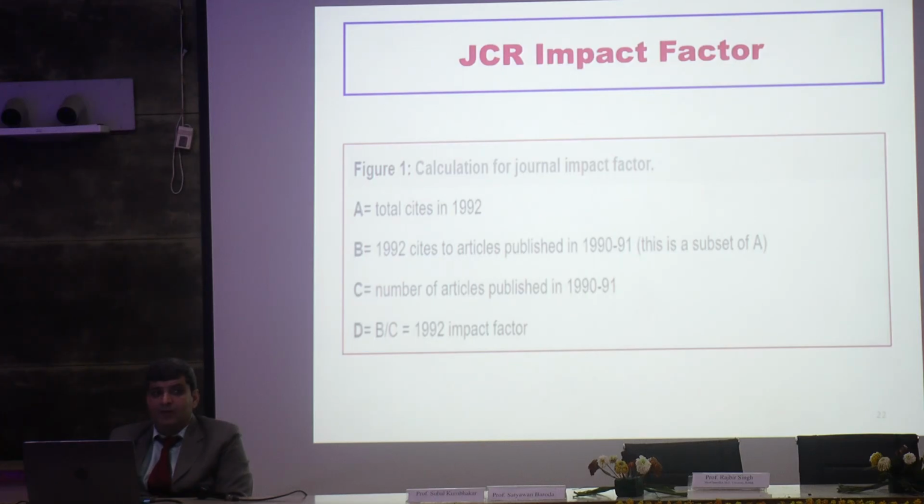Citations are given by unknown persons rather than known people. In known people, we may have favoritism. We may choose our known ones, but if we are citing a person working in New York or any other place, then it means the valuation is independent.